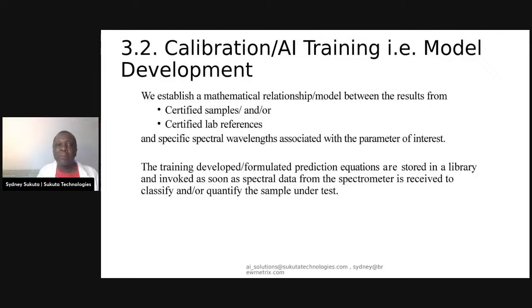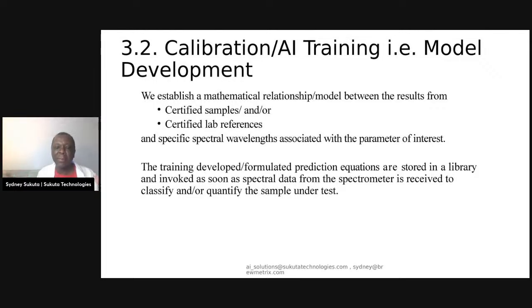Once we do that, we understand the data and build mathematical models using the data we showed you. But we also go to a certified lab and ask, for this sample, what is the percent alcohol, for example? Based on that, we look at the data and make a mathematical connection between the concentrations, the color, the pH, whatever you're looking for.